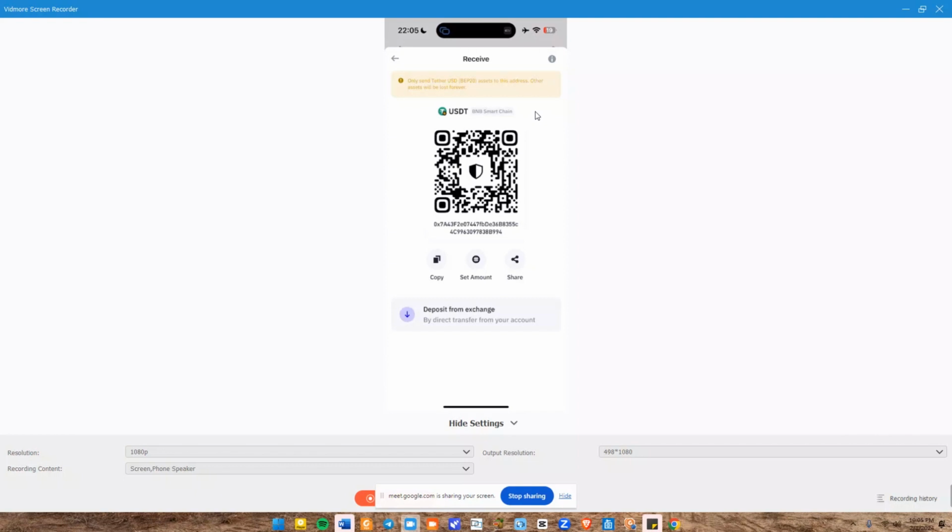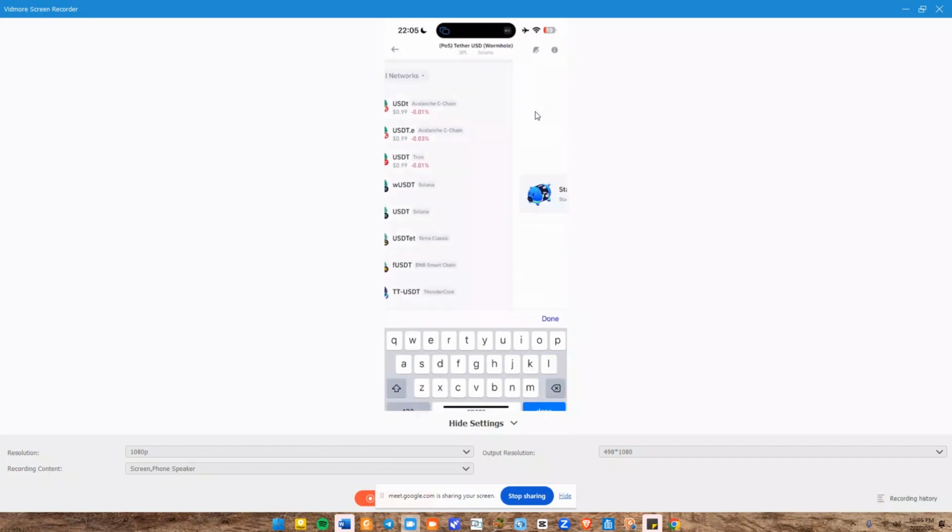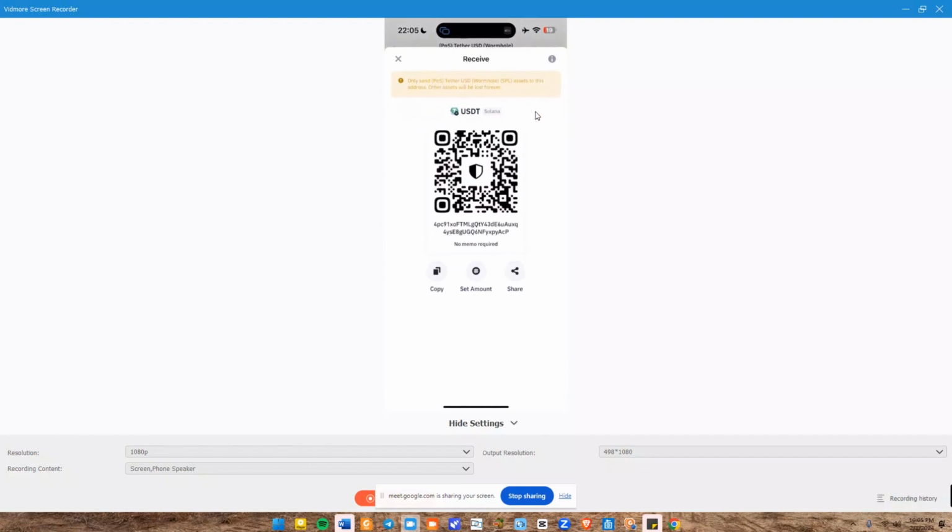However, don't make the mistake of copying the USDT, let's say now I pick the USDT that is running on Solana, for example. Okay, you see this one is 4PC9. I copy this, this is USDT running on Solana.